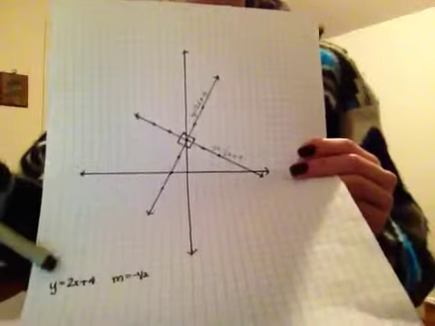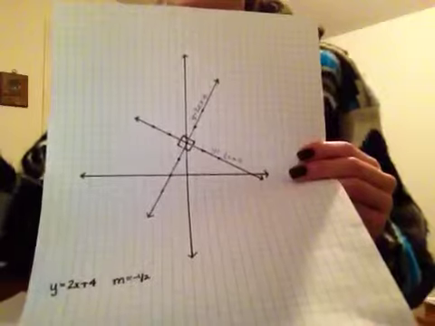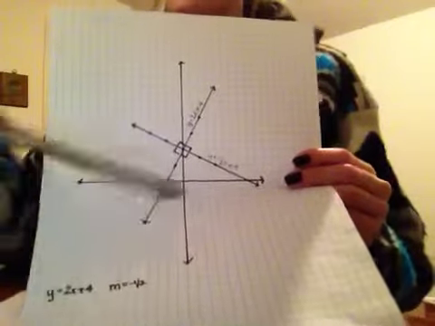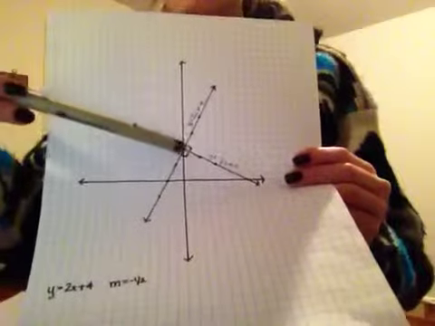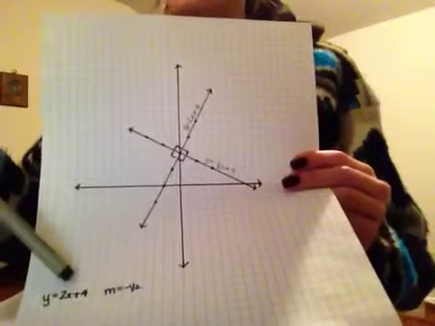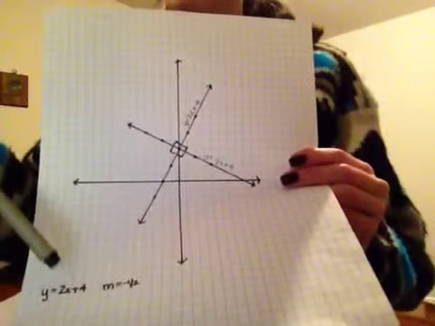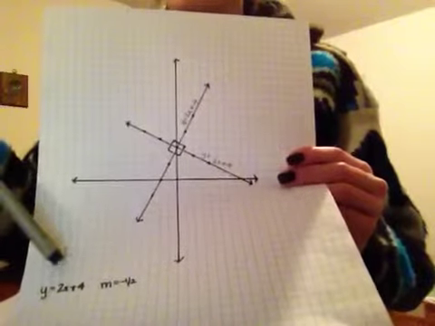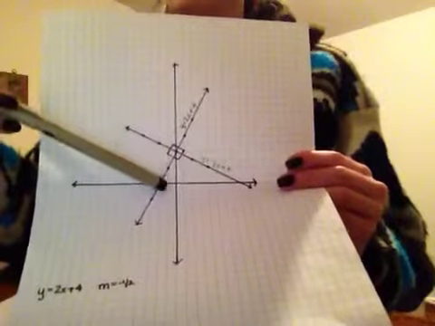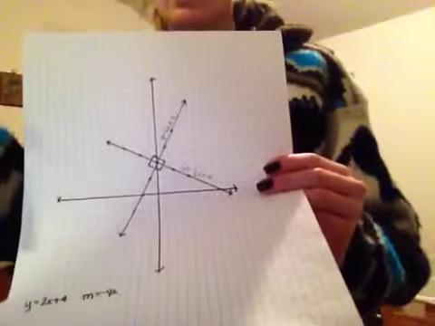So I would hope that they would remember, okay, we know that the y-intercepts have to be the same, and so they'd plot this first line and then work from the y-intercept, which is this point right here, and go, that's right, we need to take the reciprocal and change the sign. That's how they find their slope, and based on their slope, they can just go from the y-intercept and go down 1 over 2 or whatever the slope may be. And that's how they would find perpendicular lines.